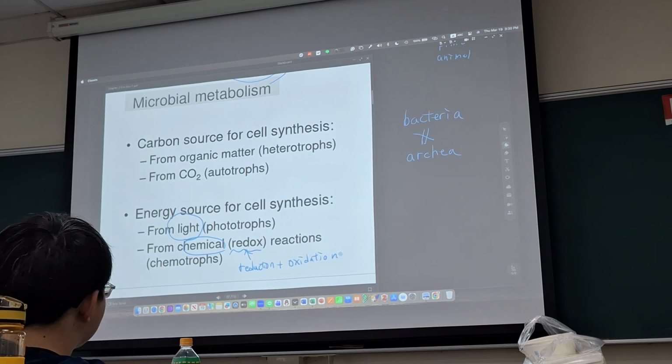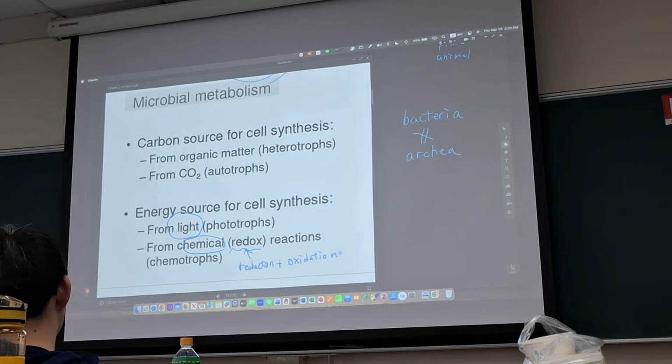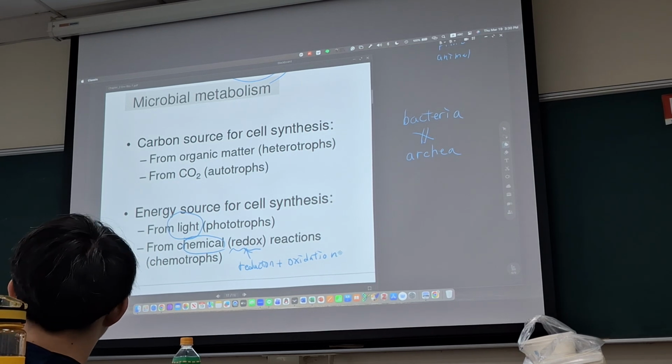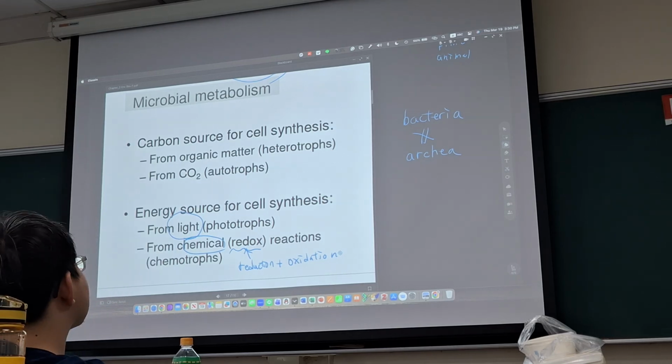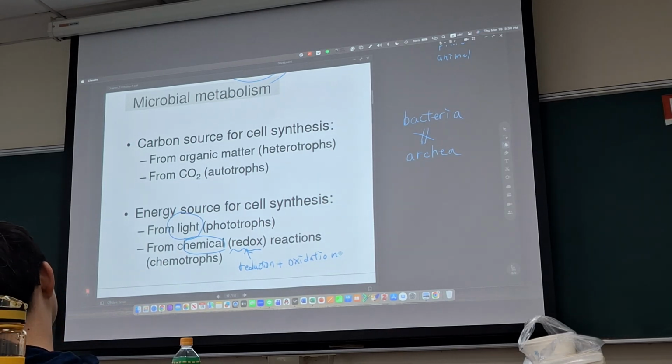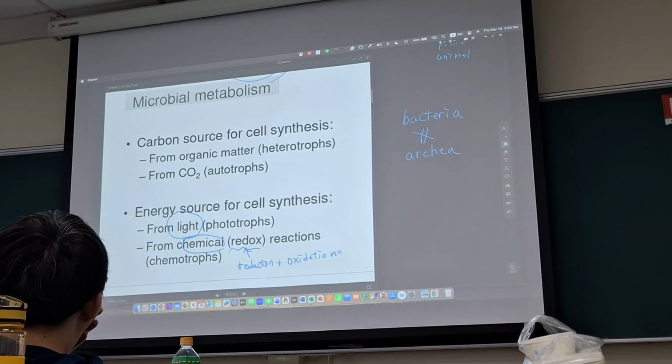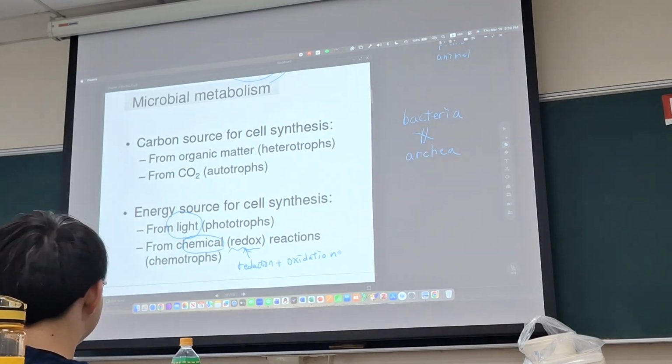The ones that use light, we call them phototrophs. The ones that use chemical reactions, we call them chemotrophs. Understand?